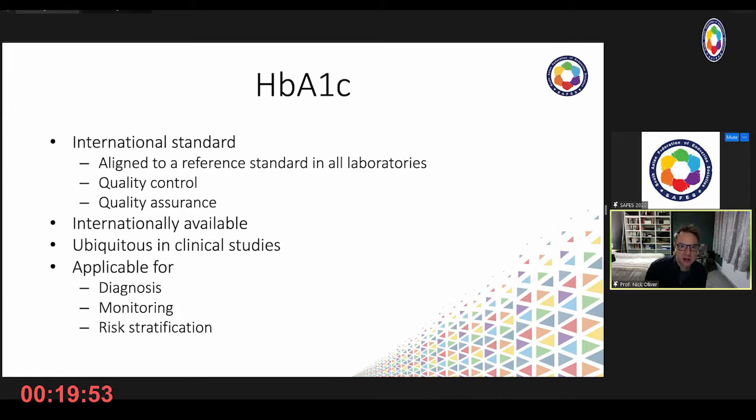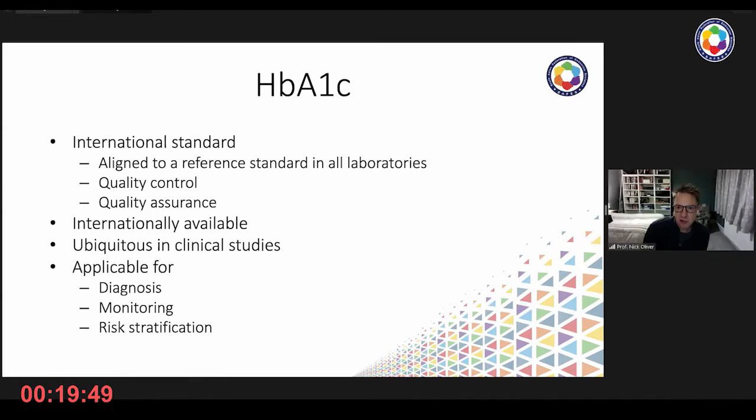So HbA1c is an international standard. Very importantly, it's aligned to a reference standard in all laboratories. So an HbA1c measured here in London today will be the same as an HbA1c measured in Sri Lanka or India today. There is quality assurance and quality control, which means that the standard doesn't change and it's internationally available and everyone is familiar with it because it's been ubiquitous in clinical studies and in clinical practice now for over 3 decades.